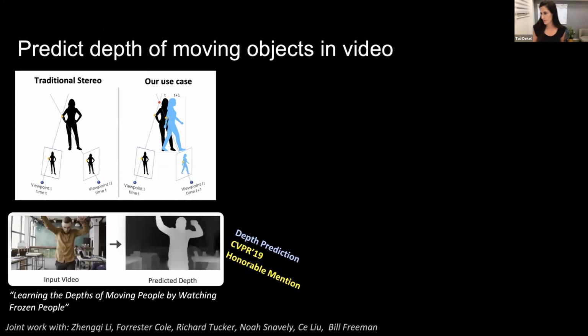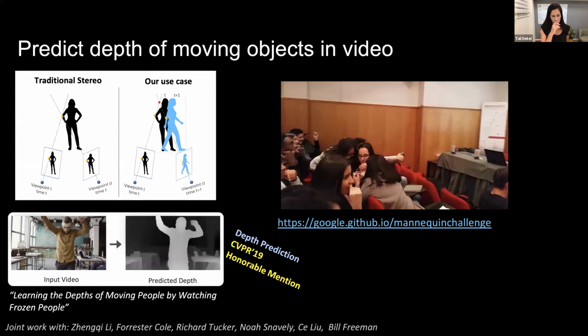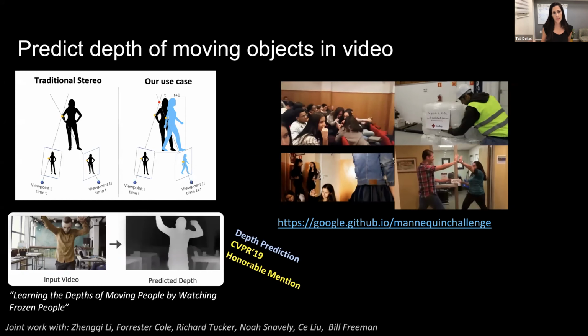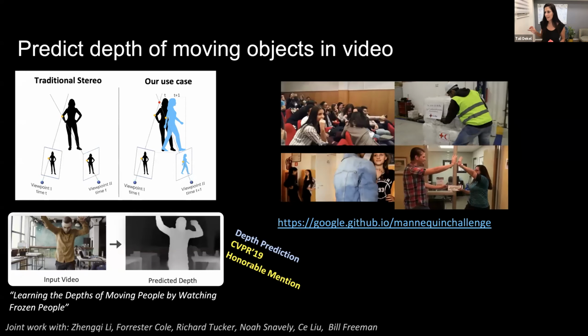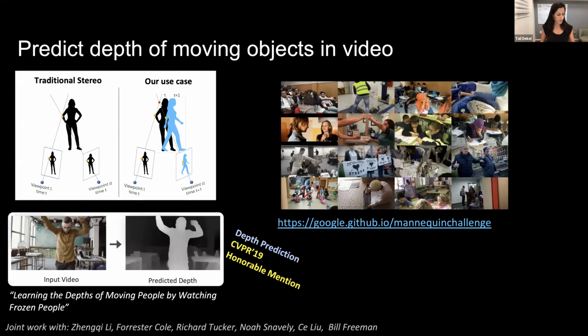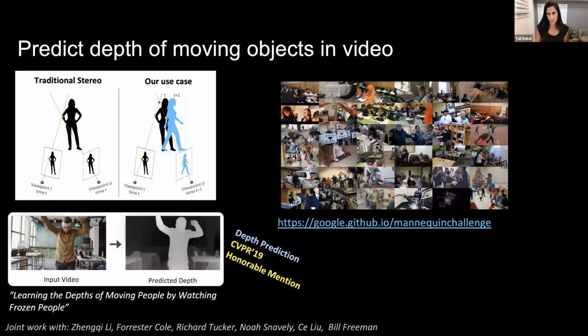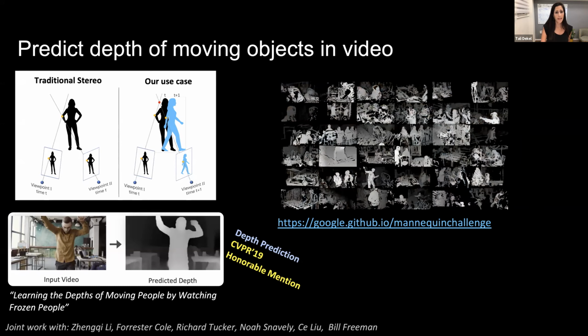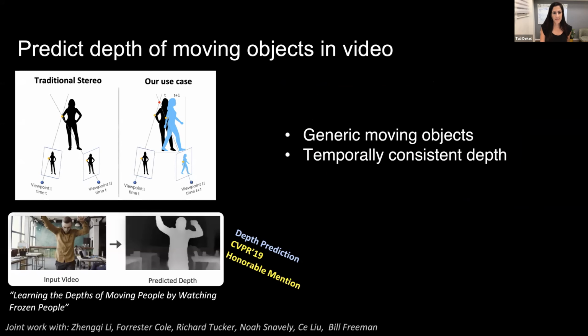We cannot use triangulation, and we use a data-driven approach to solve this problem. Specifically for humans, we were able to get a really cool source of training data and get ground truth and state-of-the-art results. But this model was specific for humans. And again, we wanted to generalize this to deal with generic moving objects and also get temporally consistent depth maps.